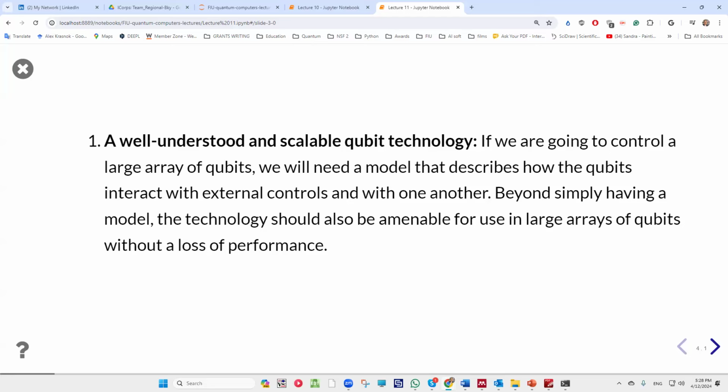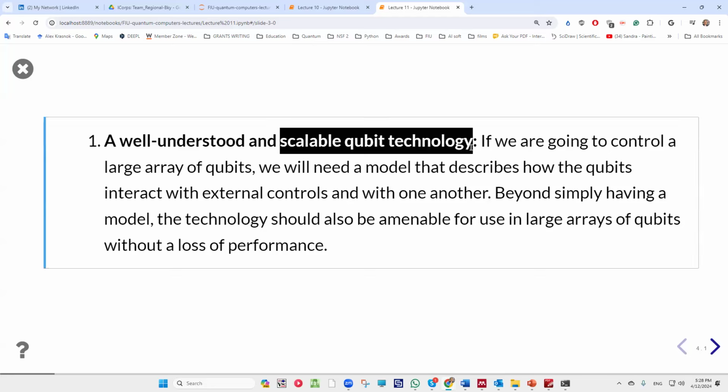It would be a great platform, provided that we can control hydrogen atoms. And here is the problem, because the second part says scalable. Hydrogen atoms are not a scalable platform. It's very hard to capture a single hydrogen atom because it's very small and interacts very weakly with our measurements and hardware.